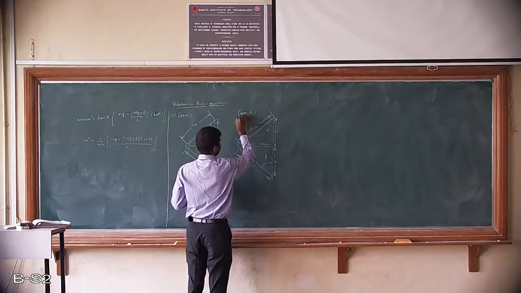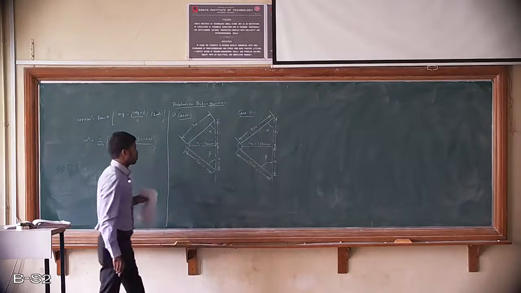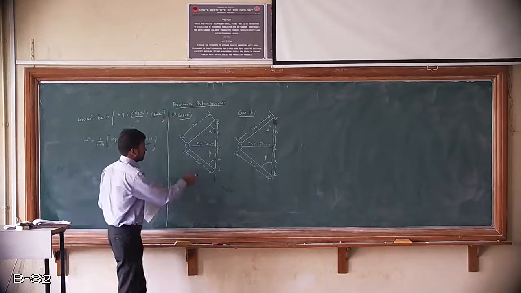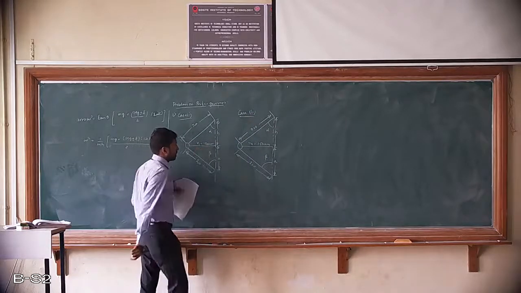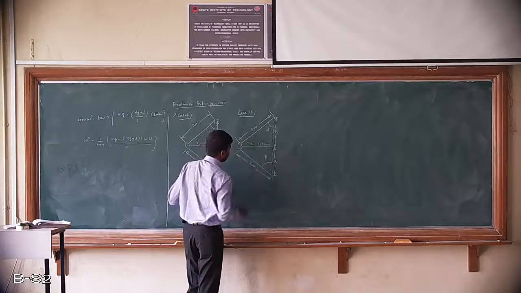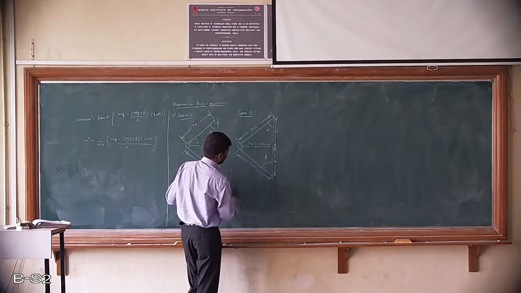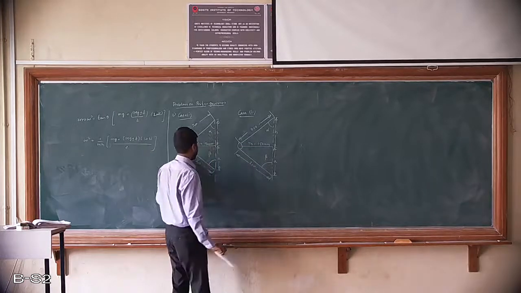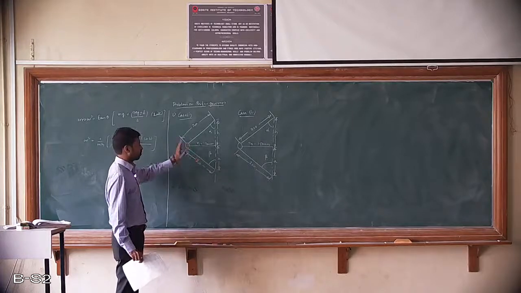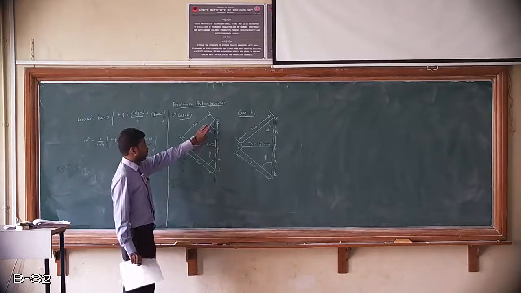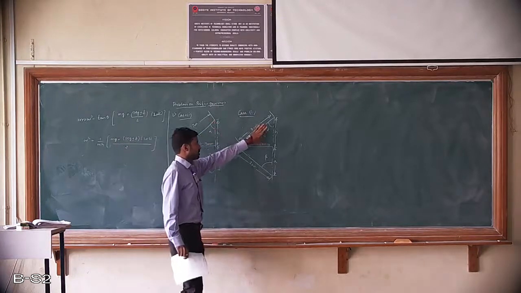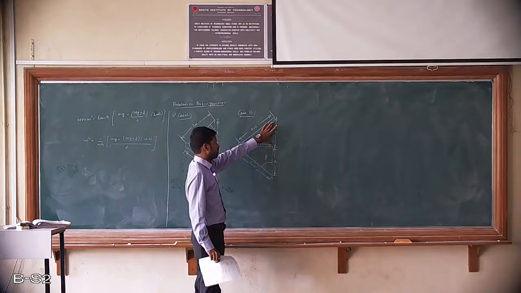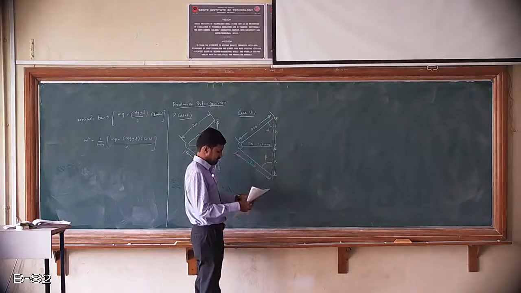In case 1 the radius is different and in another case the radius is different. But the length of the upper and lower arms are remaining same in both of the cases. We don't know what is H, and here also we don't know what is H. We need to find out the value of the H.